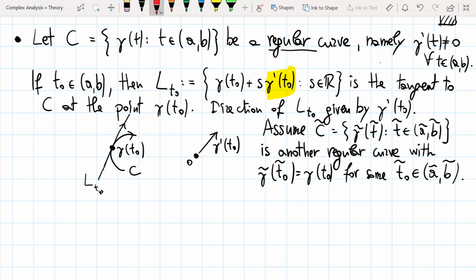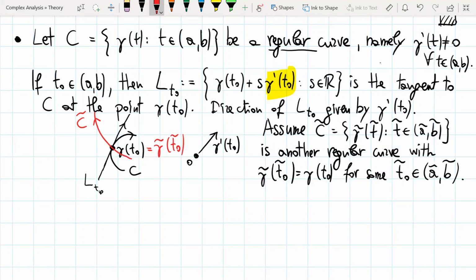Okay, so this maybe means something like this: my curve C tilde is something like this, going in this direction. And here you see gamma(t0) will be equal to gamma tilde(t0 tilde).